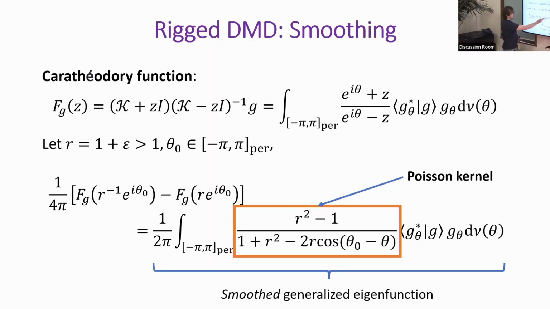So I can think of this as a smoothed approximation of my generalized eigenfunction. Even more so, this thing can be represented in terms of these, and these I can approximate with DMD methods. So I have a link between DMD methods, Galerkin approximation, and a smoothed approximation of this crazy generalized eigenfunction.